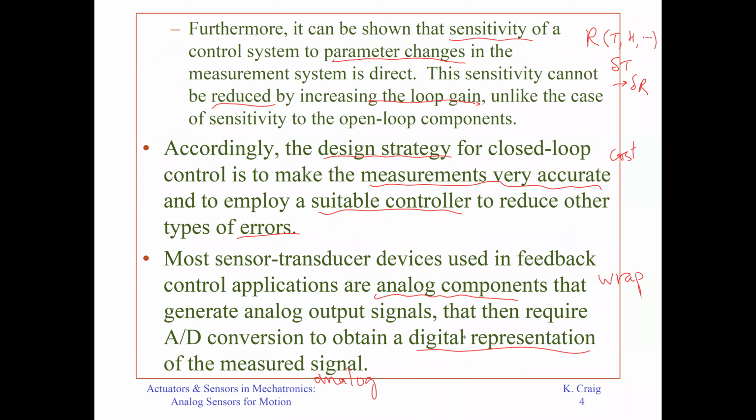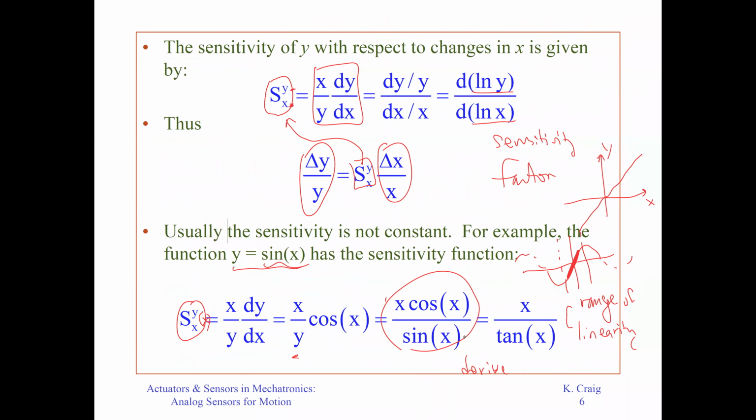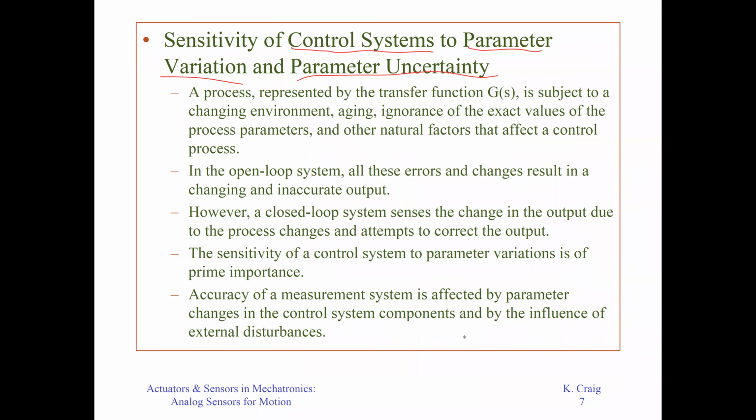Then we talked about sensitivities. Using the definition of sensitivity, for the static relationship, the sensitivity is basically a partial derivative. So the control system is all about sensitivity.